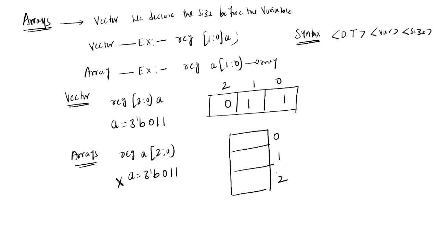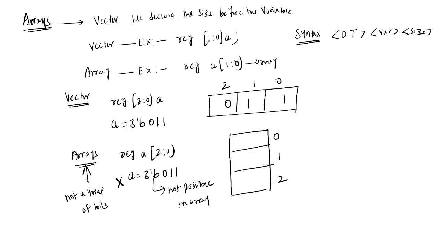An array is not a group of bits. You need to indicate it separately. This is not possible in an array; individually, you need to store. Did you understand?